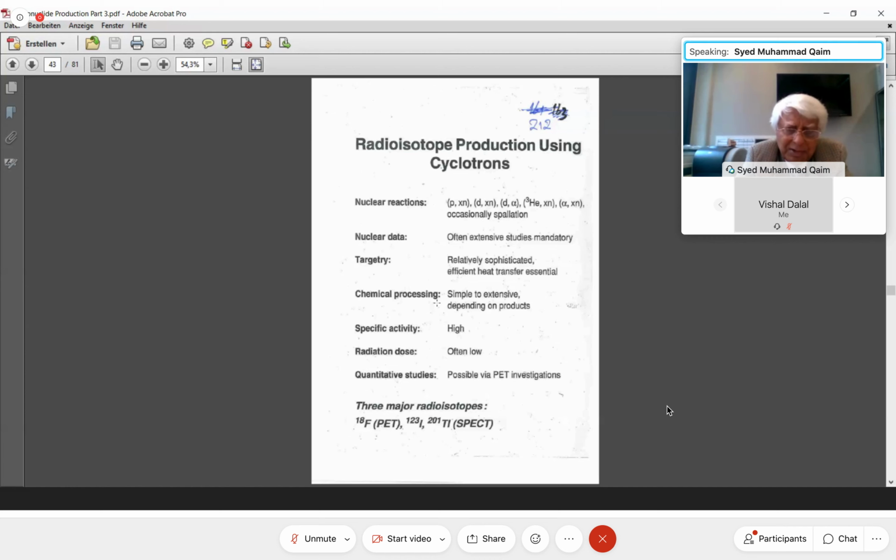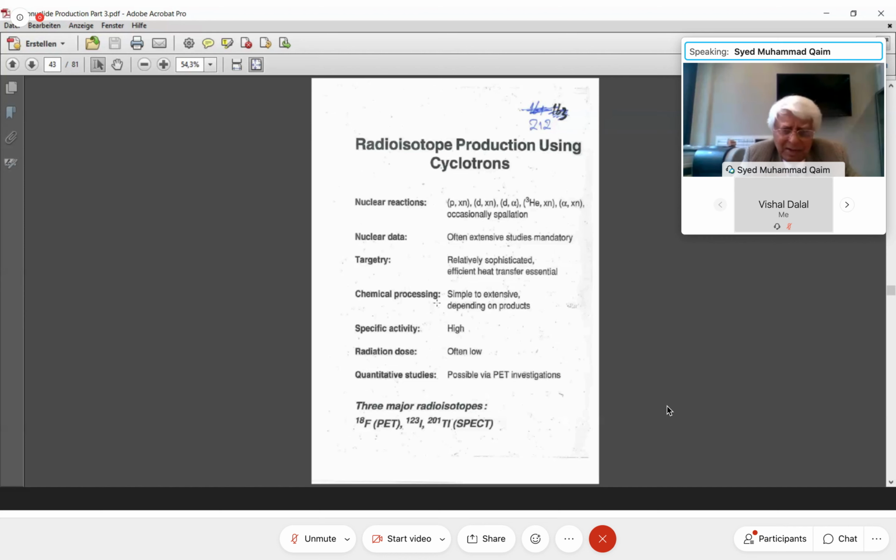But in cyclotron production, nuclear data are very demanding and targetry also. Relatively sophisticated targetry is necessary. Efficient heat transfer should be done. So targetry and the nuclear data are much more demanding in cyclotron production than in reactor production.